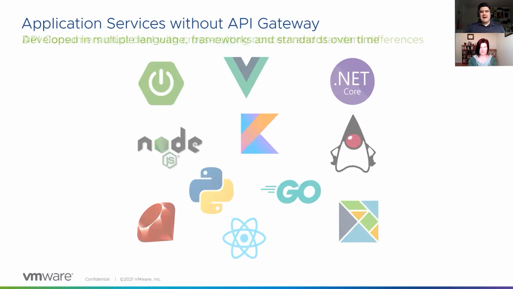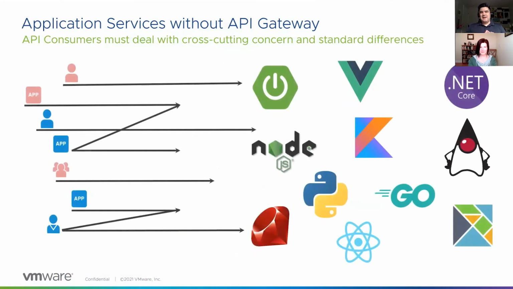So with that, what has also happened and transpired is there's a lot of cross-cutting concerns that are handled across all these different frameworks and different languages, such as single sign-on and just web security in general, whether it be protocols and standard differences, all the way from XML web services to REST. We're seeing quite a bit of difference in these application services.